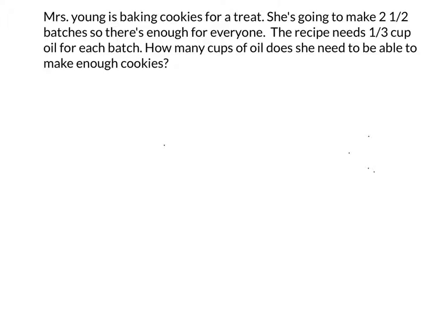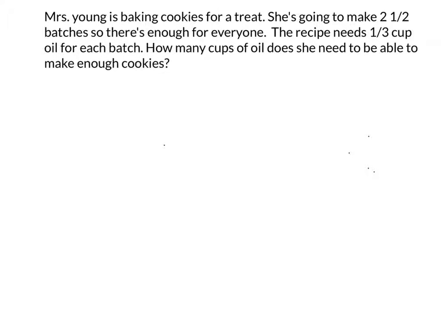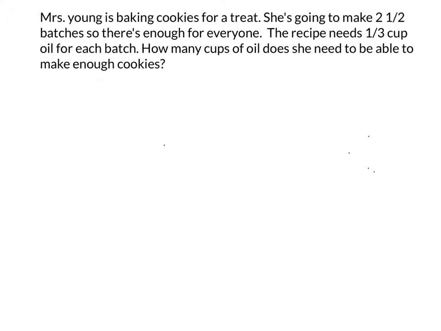Well, one way, let's see, I'm going to do repeated multiplication because I need 1/3 cup 2 1/2 times. So I need 2 1/2 times my 1/3 cup of oil to figure out how much oil I have to see if I can make these cookies.